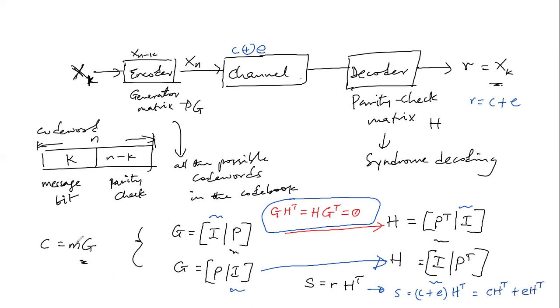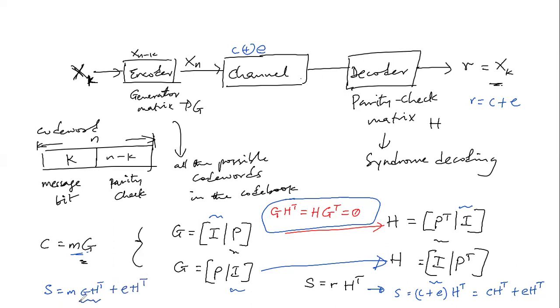Now, what is C? It is the message bit times the generator matrix. So the syndrome will now be M G H transpose plus E H transpose.